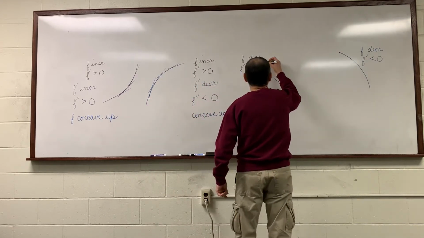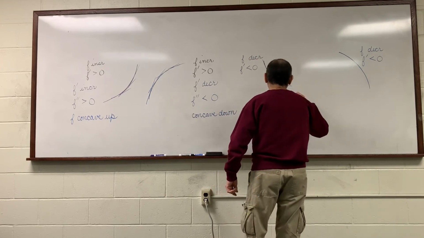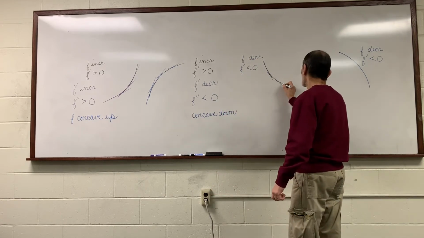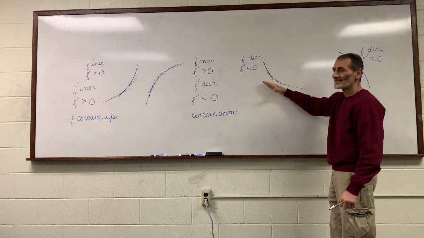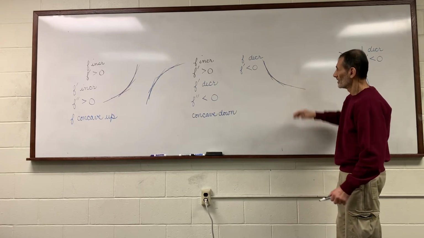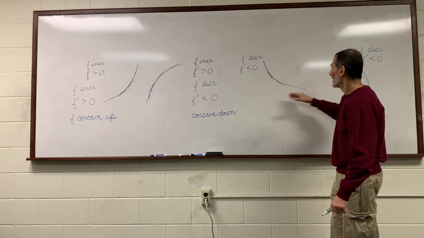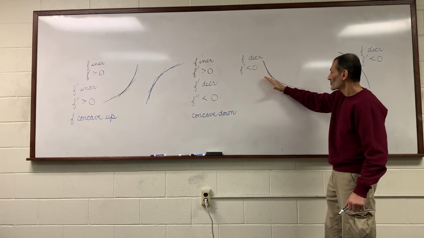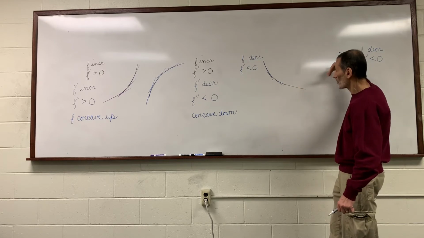Here, the slope. Now, think about this carefully. The slope is increasing because it is getting less negative, right? So the first derivative is actually increasing here. It's going from very negative to slightly negative, and we can see if the trend continued, it would become 0 and then positive.